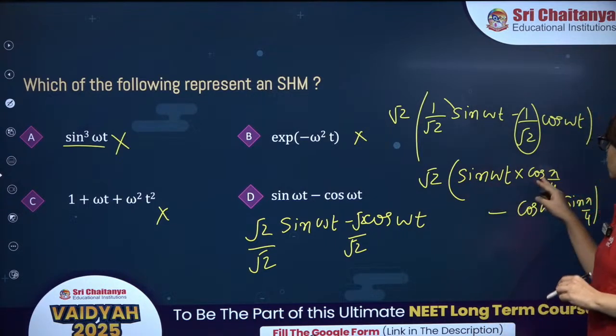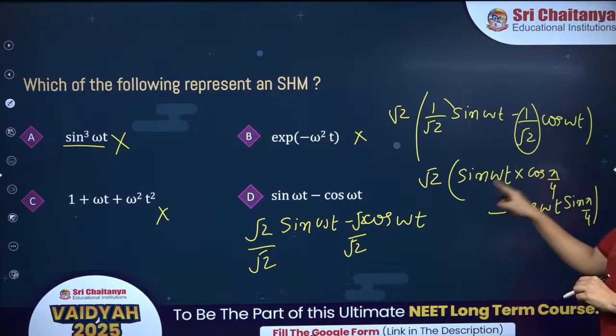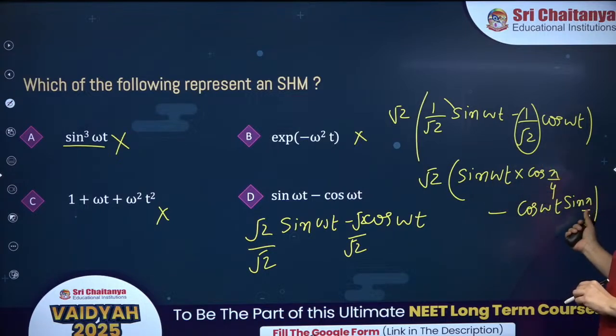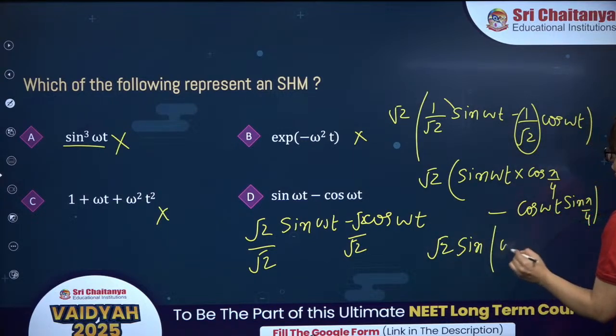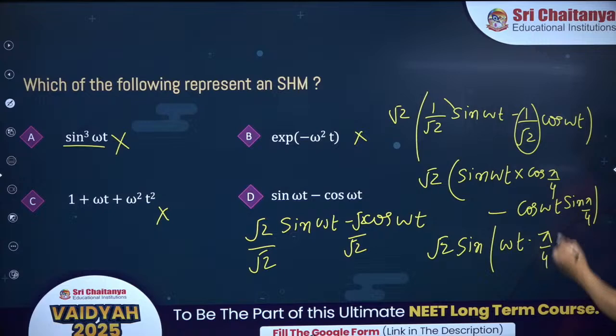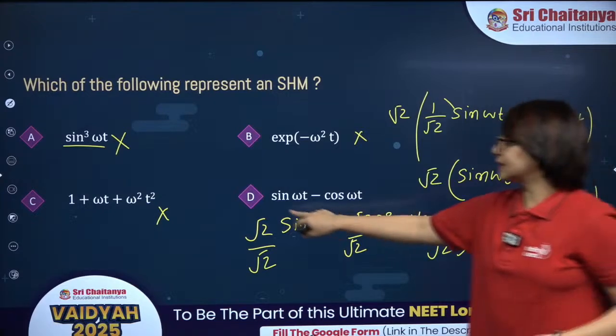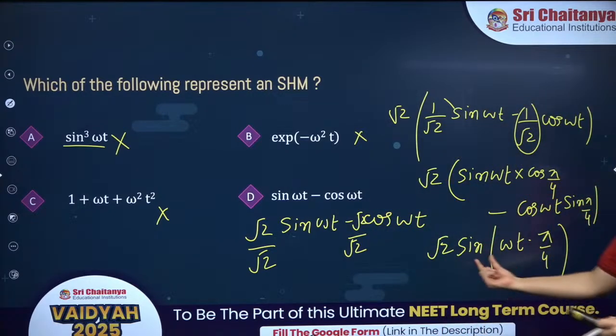So this is sin a cos b minus cos a sin b, which is nothing but sin of a minus b. So it is root 2 times sin of a minus b. So yes, we can represent this last function in terms of sine alone.